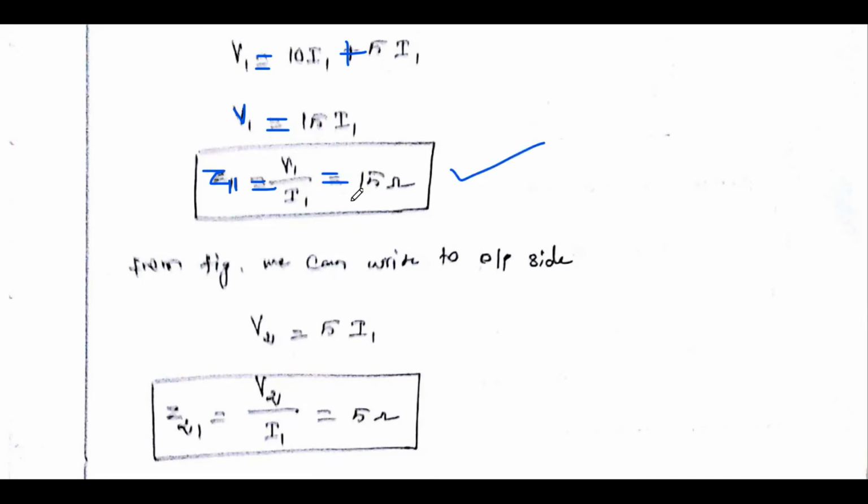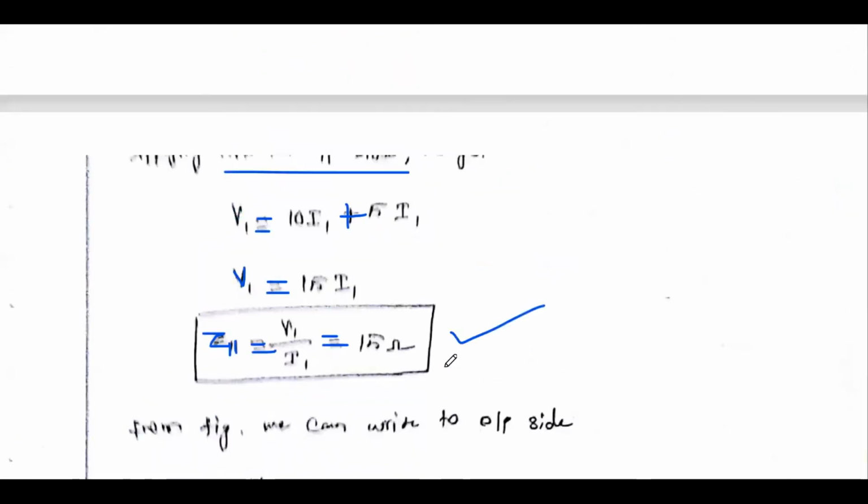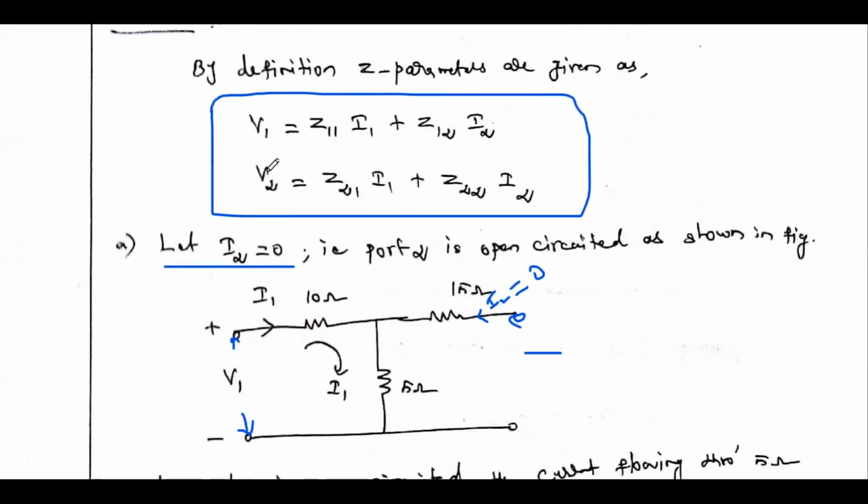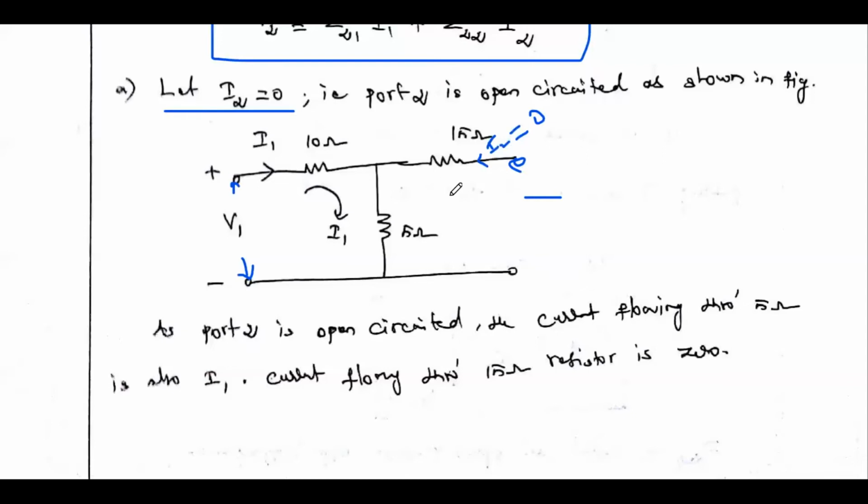Similarly, in order to find Z21, what is Z21? Z21 is nothing but V2 by I1 under I2 equal to 0. Here we have already made I2 equal to 0. So which one is V2? Since I2 is 0, there is no voltage drop across this 15 ohm resistor.